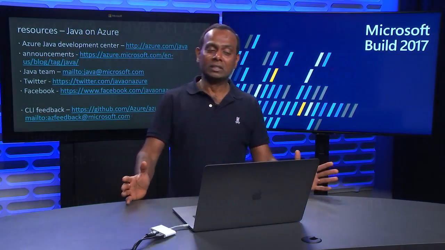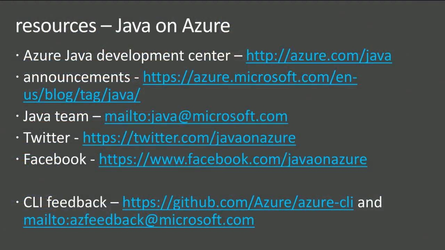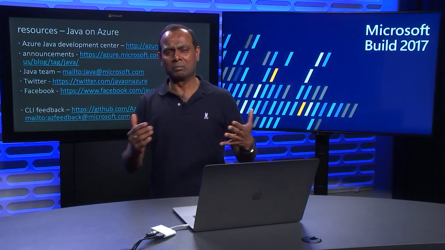And for more resources, you can go to the Dev Center, you can listen to our announcements, or just send a mail. The best way to reach us is java@microsoft.com, right? I've also given you the CLI link here. You can install the CLI and provide the CLI team with feedback. They have some amazing command line for you.